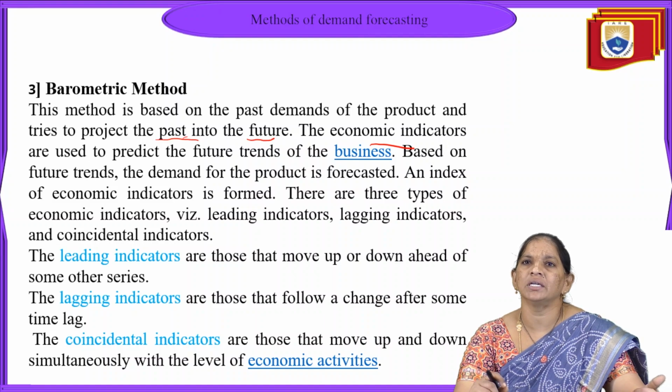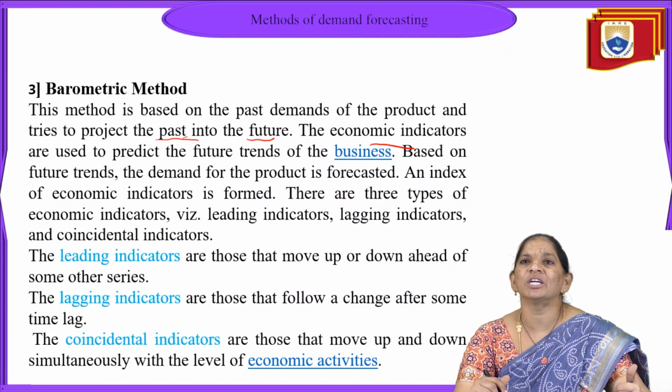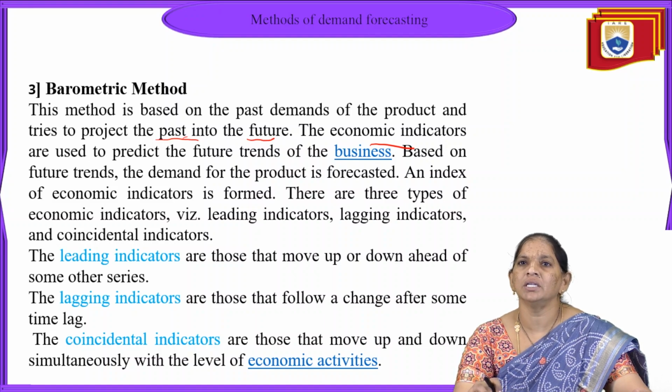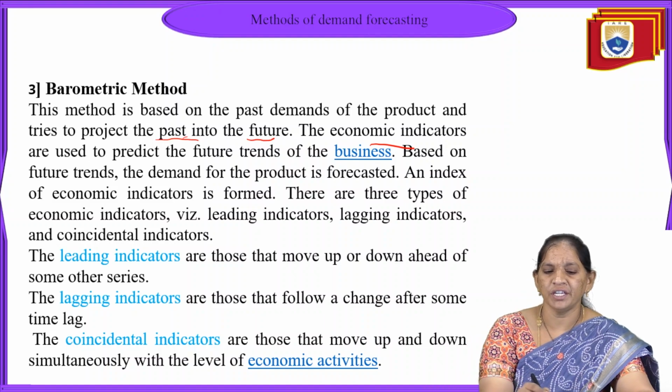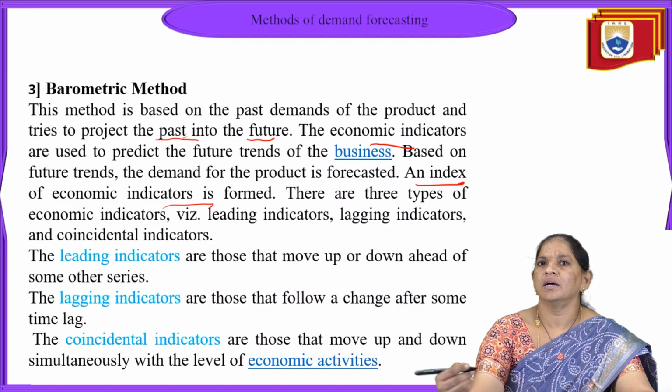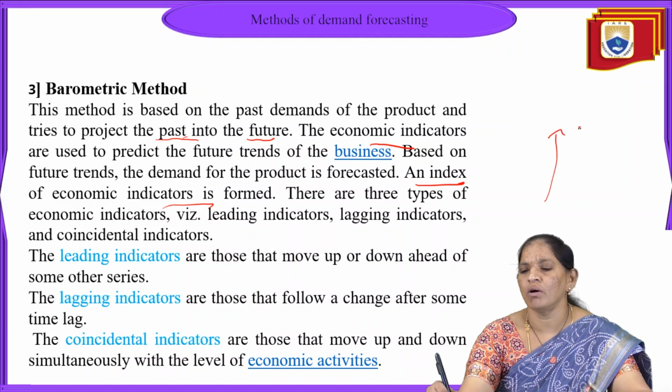For this future analysis, I'll consider some economic indicators, the economic things which decide the business organization. Based upon those economic indicators, we can form an index. An index of economic indicators is formed, like a census, showing a trend which is going upwards or downwards.